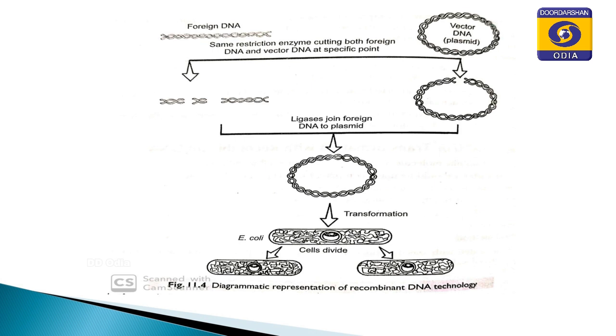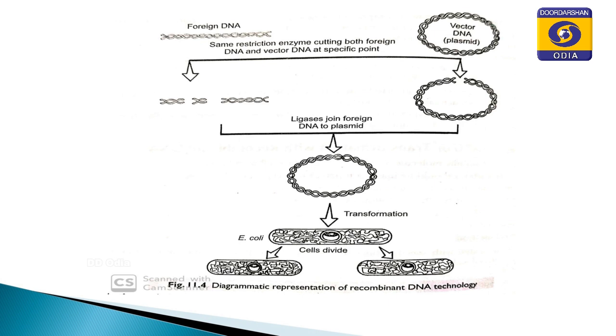It has all the features required for a vector. Then we shall treat these vectors as well as the foreign DNA with the same restriction endonuclease. The same restriction endonucleases will produce nicks on the same site.